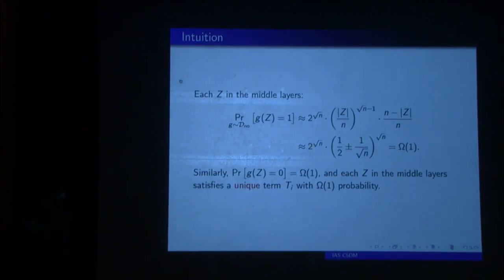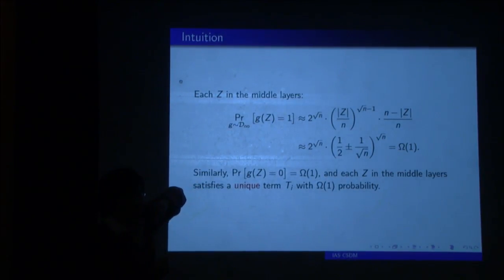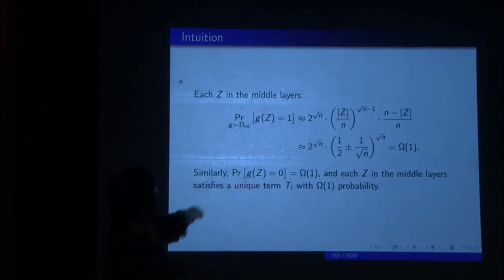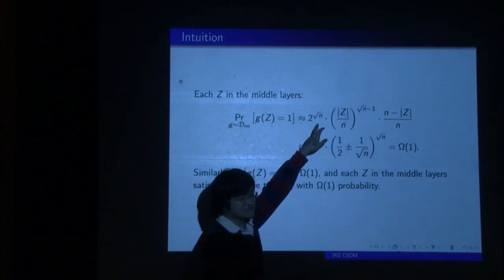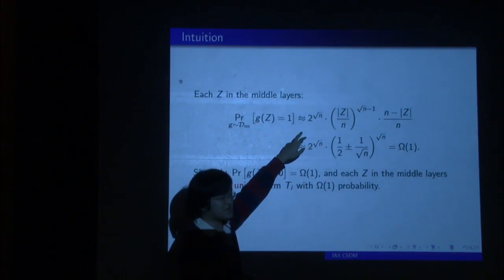So here is some intuition why these functions are far from monotone. Let's just see why these parameters are chosen this way, why it's root n and 2 to the root n. Let's take a string in the middle layers and calculate the probability that g(z) equals 1. So to make it 1, you have to satisfy one of the terms. So we have 2 to the root n many terms.